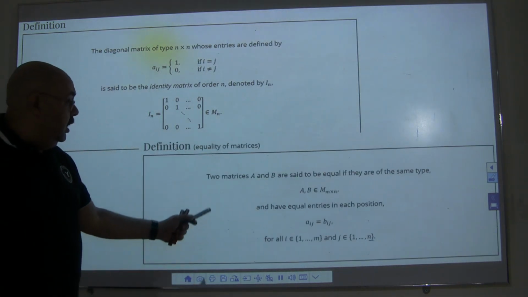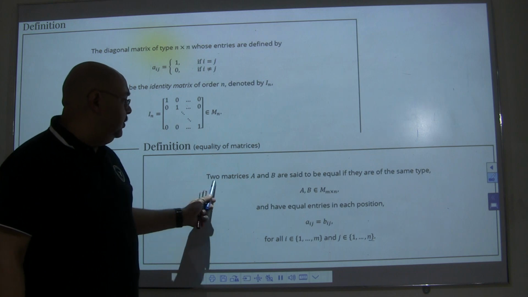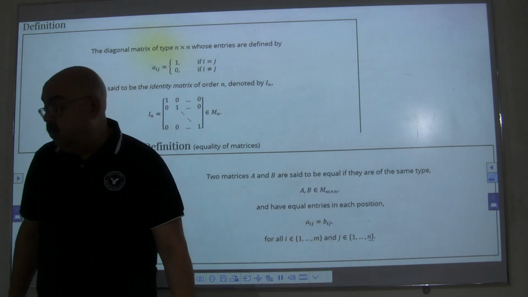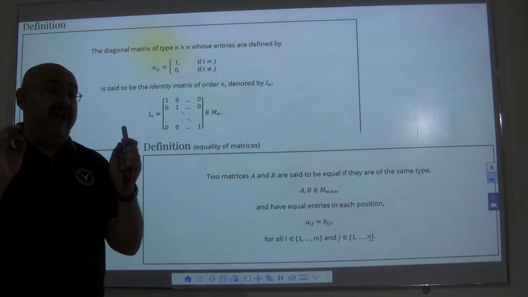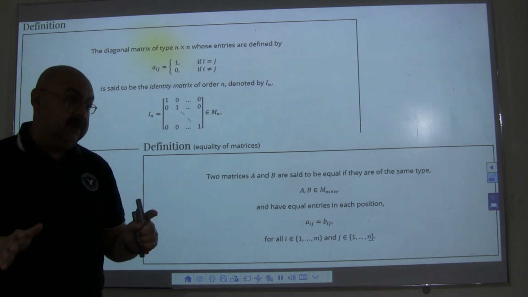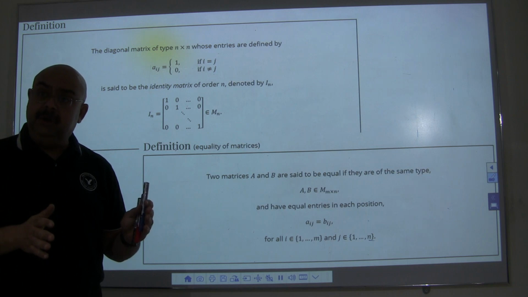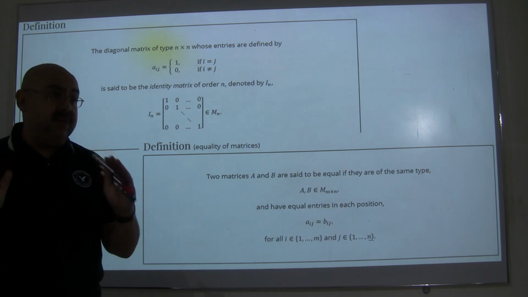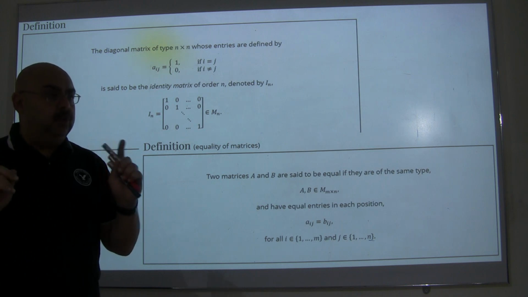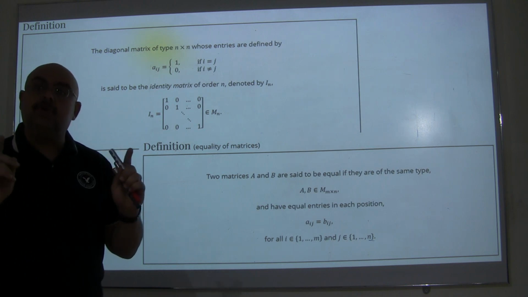Here he's talking about two matrices A, B, or C. We already spoke about this. For two matrices to be equal, they will have to have the same dimensions. So if I have a 2 by 2 matrix, it's going to equal another matrix which is 2 by 2, or 3 by 3 with the same dimension. And the elements will be equal to each other correspondingly.